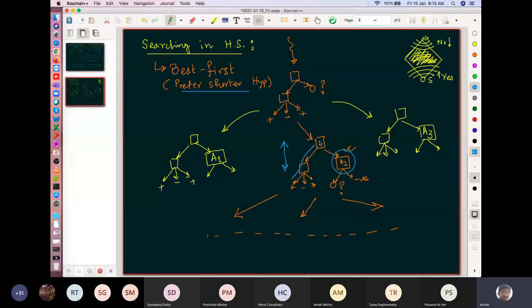It means some attribute here gets the value v1 and some attribute here gets the value, let's say, v2, which makes it plus. So the higher the depth, the longer the formula inside, and the higher the branches, the longer the formula with respect to OR. I hope you can understand this very clearly. So by preferring the best attribute at the next position, we are curtailing the height of the tree. That means we are curtailing the hypothesis length and preferring shorter hypotheses.